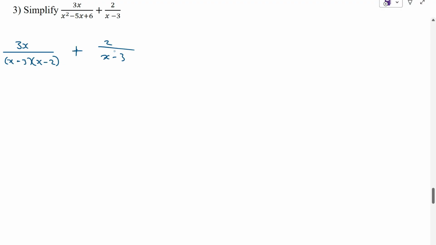So we can see here, before we've even done anything, we've got x minus 3 on this denominator. So to make the denominator the same, all we need to do is multiply this right fraction by x minus 2. So if we just add x minus 2 there and do the same to the top, let's expand and simplify.